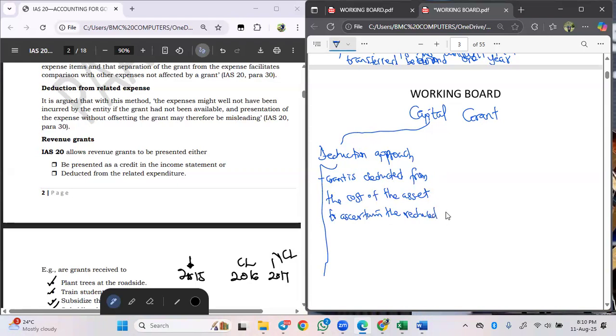So ascertain the reduced cost, and that's what you are going to use as your depreciable amount. In other words, you are going to calculate depreciation based on this reduced cost.